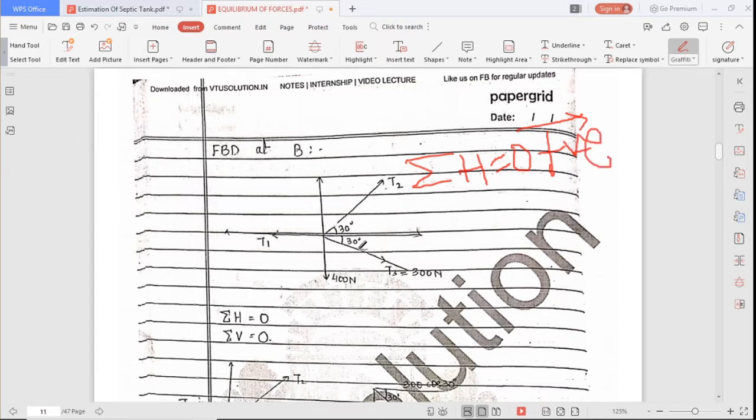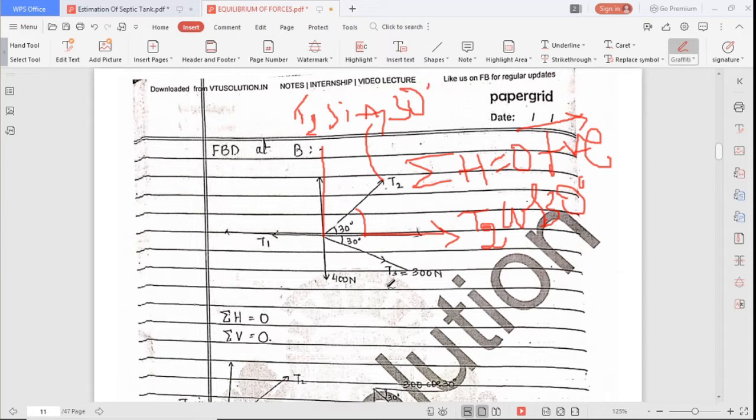Okay. Now in this type of force, we have to resolve the inclined forces. So T2 is the inclined force. So what will it be? This would be T2. So the angle is here. So adjacent to that angle, that will be T2 cos 30 degree. This will be T2 sin 30 degree.